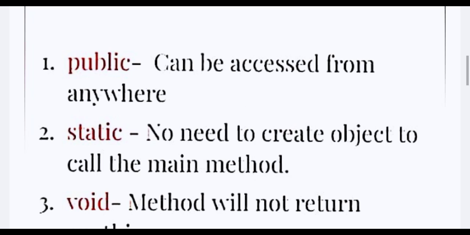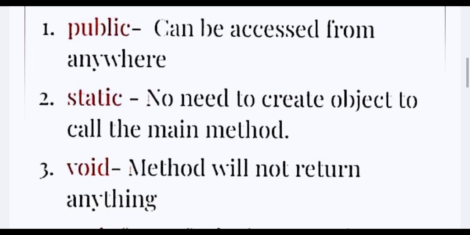What does it mean? That Java every time needs an object to call every class and method, hence Java is called an object-oriented programming language. So a static method does not need an object to call the main method, okay?